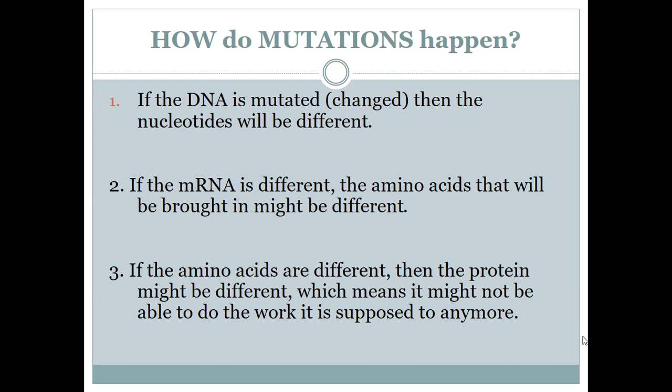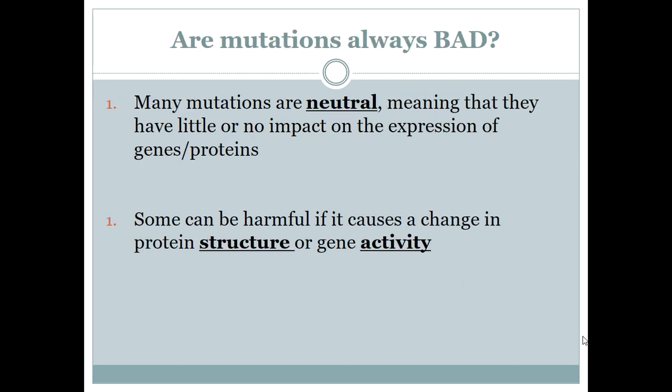So if DNA is changed, that means that the mRNA that is transcribed will be different. And if the mRNA code is different, then the amino acids it's coding for will be different. If the amino acids are different, then the protein will be different. So you can see it's a cascading effect. So by changing the DNA, we can ultimately change what proteins are being made.